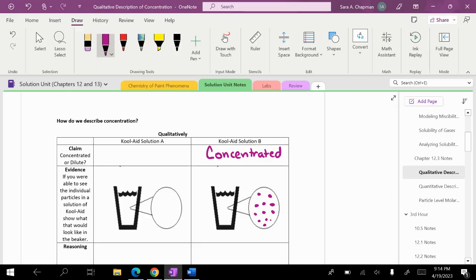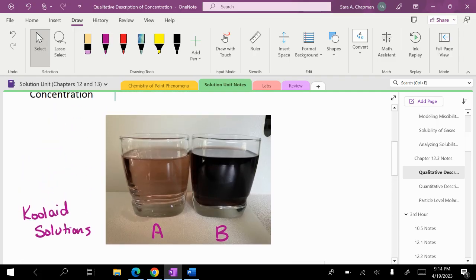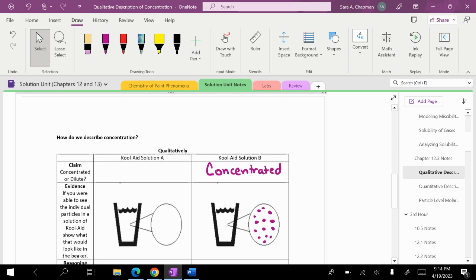And so every little dot is a Kool-Aid particle, more Kool-Aid particles per unit volume. And so then that means that solution A is dilute. And a dilute solution has fewer Kool-Aid particles per unit volume.